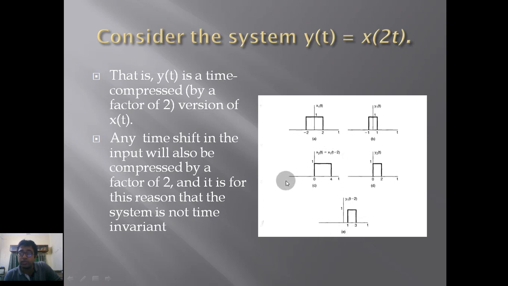But in the case of this system, the input signal is this and the output for this input is this, and that is different from the desired output if the system needs to be a linear time invariant or linear shift invariant system. So this is the basic of the linear time invariant system. Let's go to the next slide.